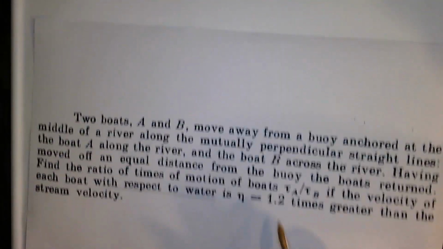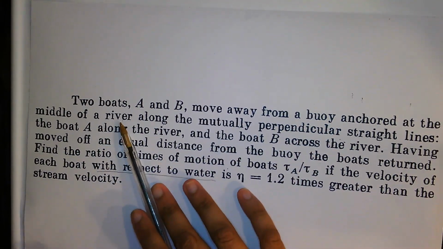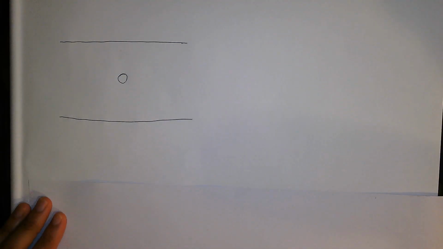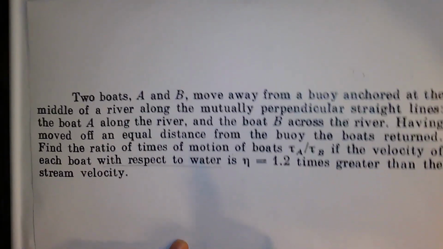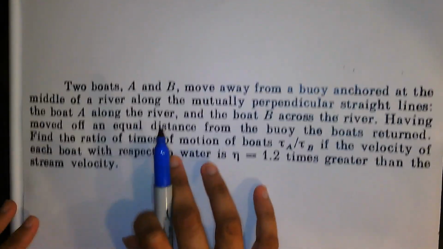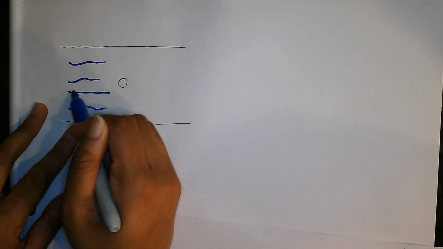And we know that there is a buoy anchored at the middle of the river, so I'll just draw that. There's the buoy, and I'm just going to draw on the stream in a blue pen here. And the question didn't tell us in which direction the stream velocity is, so we can choose. So I'm going to choose the stream velocity to be in this direction.